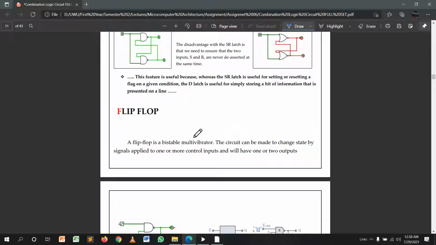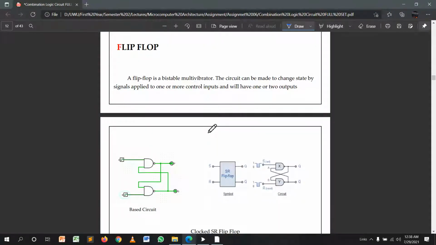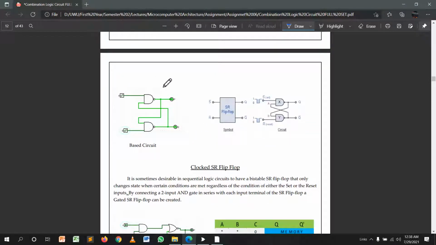Next we move to the flip-flop. Flip-flops are an advanced type of the normal SR latches. It's also memory, typical memory. Its basic concept is the SR latch, and its input is the clock signal.